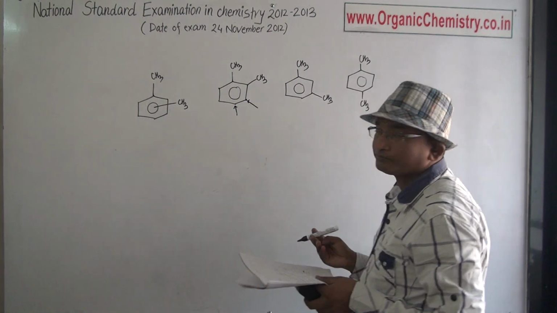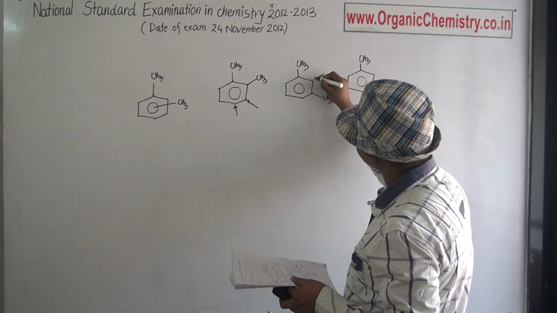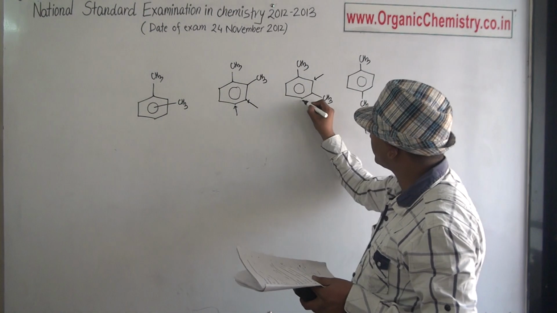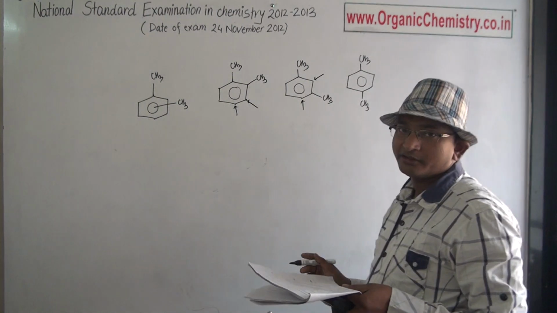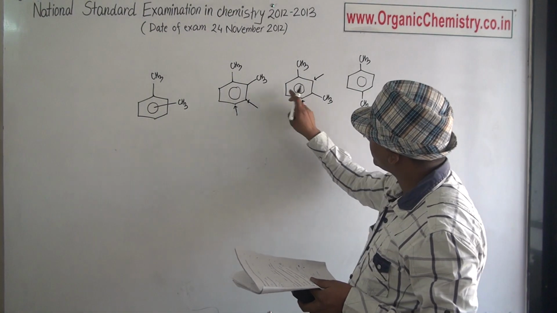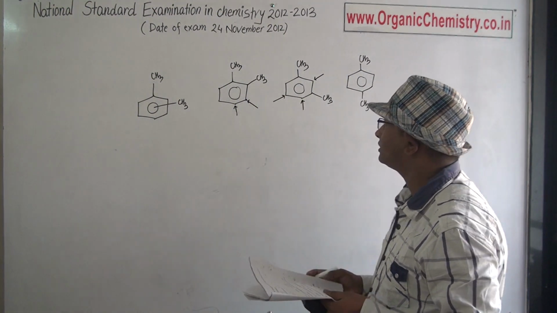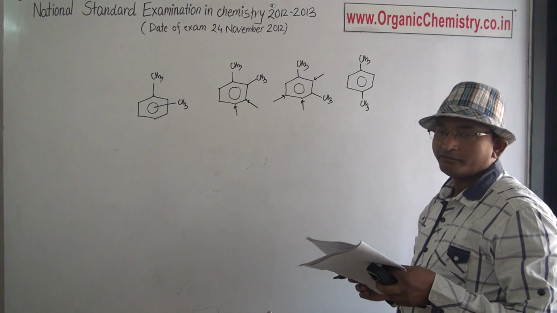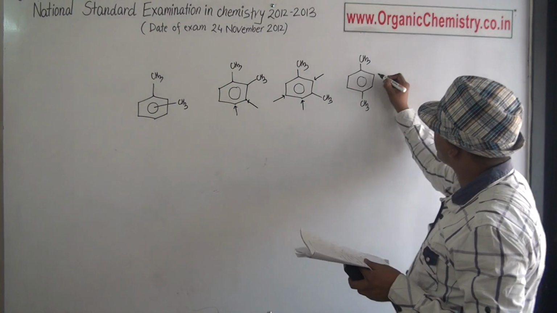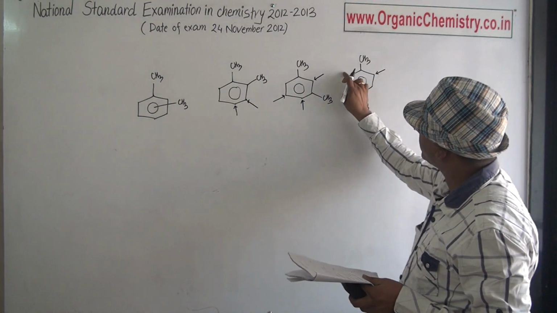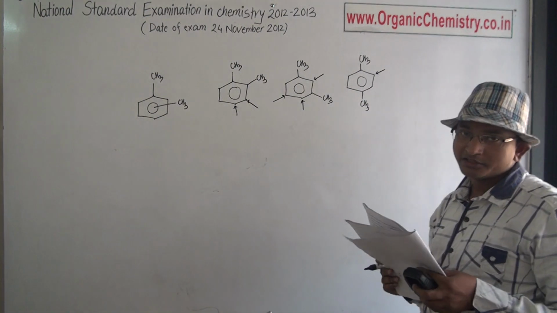But in this case, this hydrogen and this hydrogen are chemically different. The positions of these hydrogens are the same, but the hydrogens present over this carbon are again different. When you analyze this part, the hydrogens present over all these carbons are chemically the same.